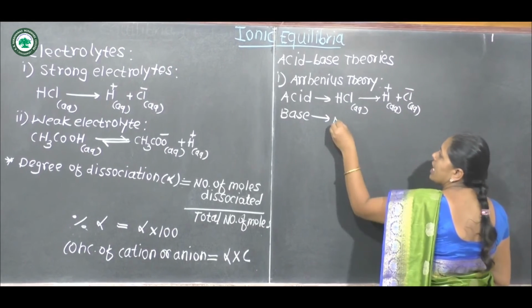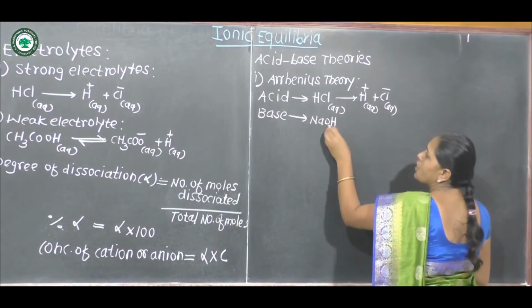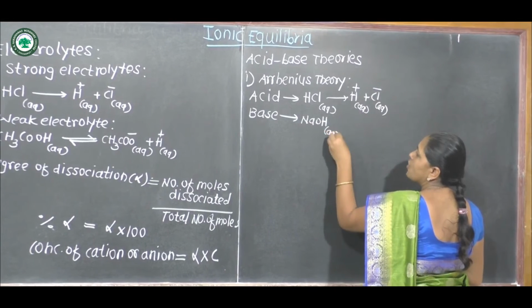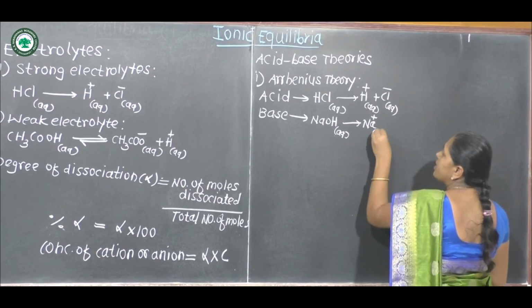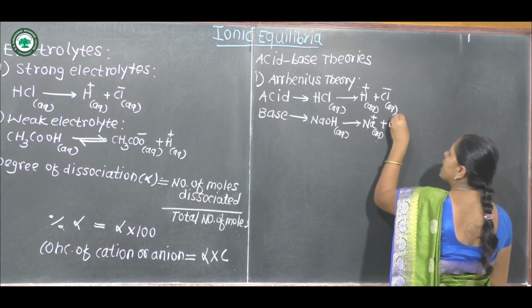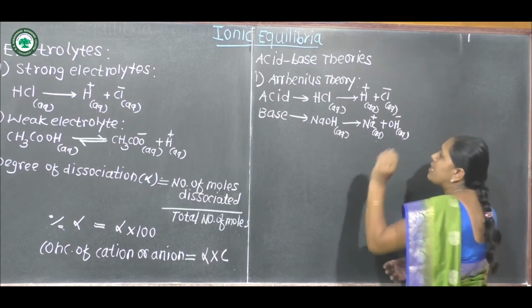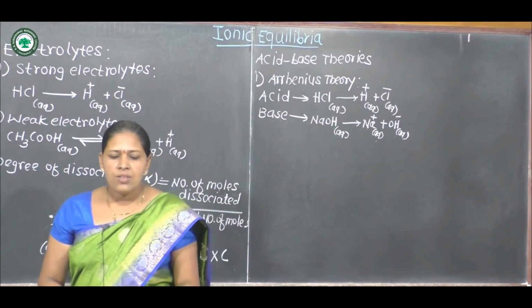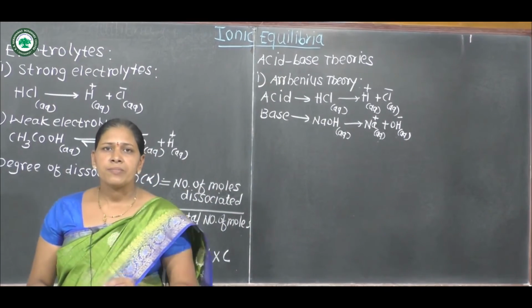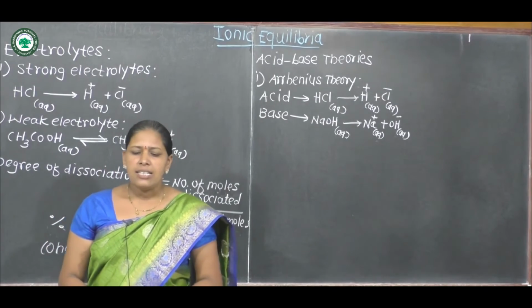And NaOH consists of OH group. In aqueous solution it gives Na plus ion and OH minus ion, that is hydroxyl ion, therefore it is base according to Arrhenius theory.